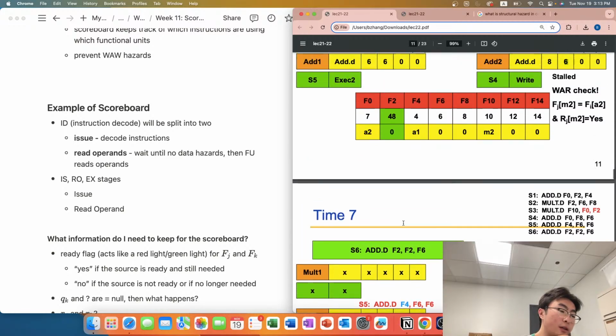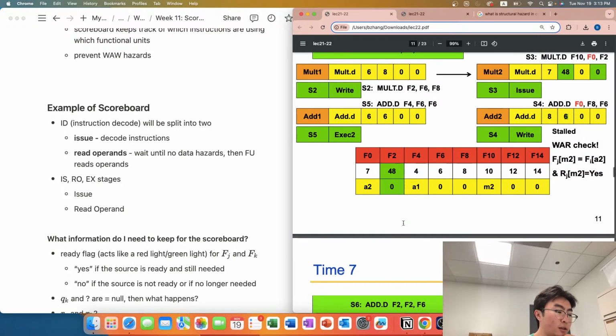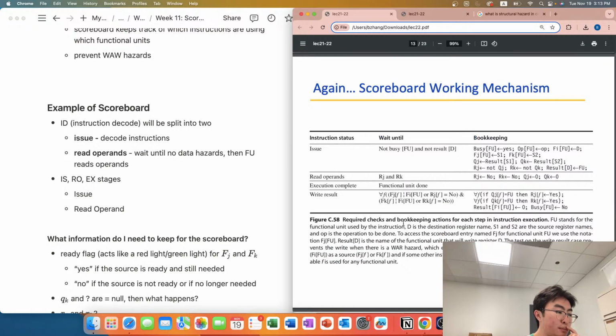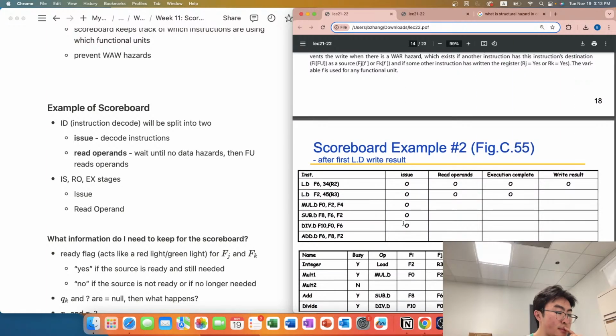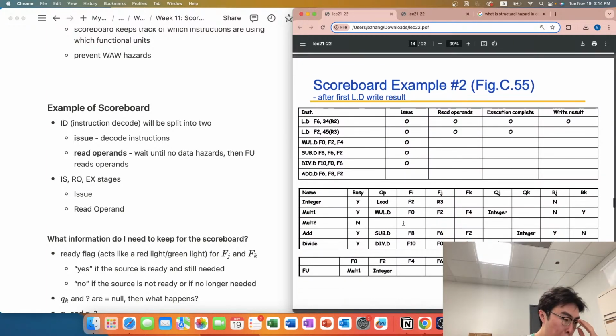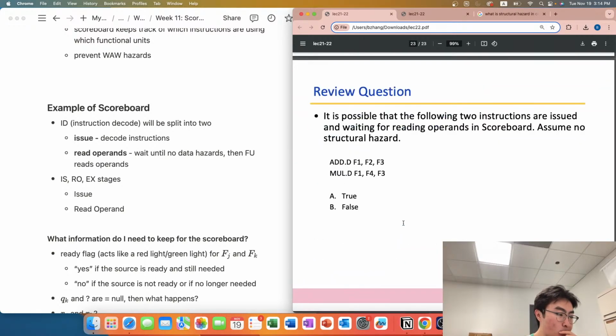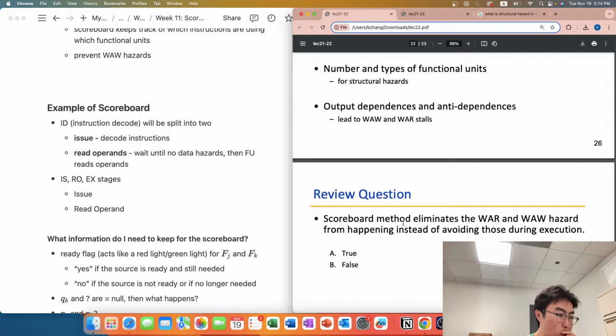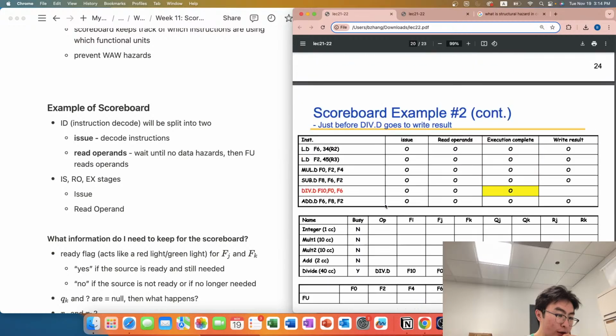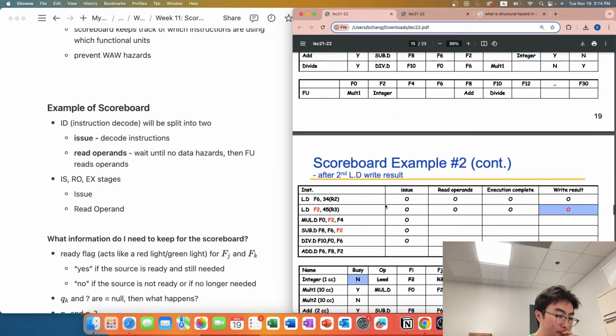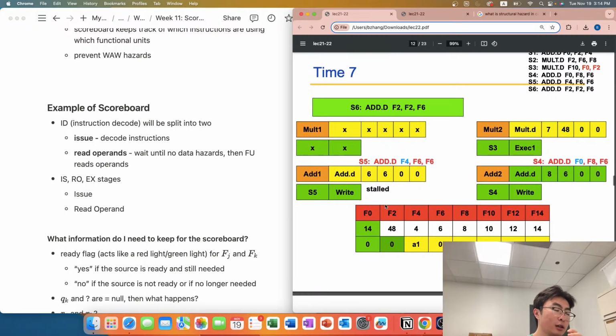Because only one can go into the write, I guess, at the same time. Yeah, I think this is false. We just saw that happen. So you're still going to need to stall, right?